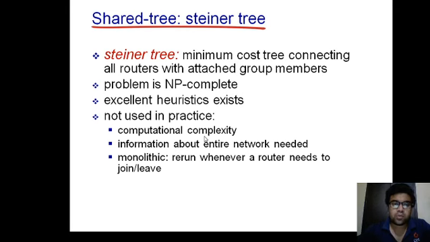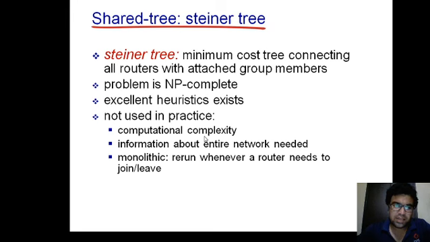Now the second approach for multicasting is the shared tree, and you can see the first approach for shared tree is the Steiner tree, which is not very effective, as it says. It is the minimum cost tree connecting all routers with attached group members. The problem is NP complete.